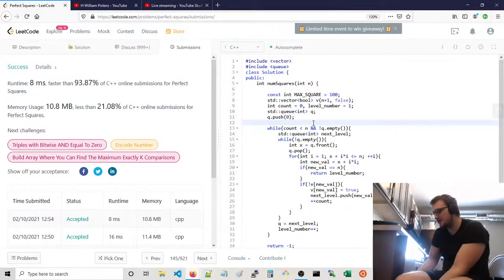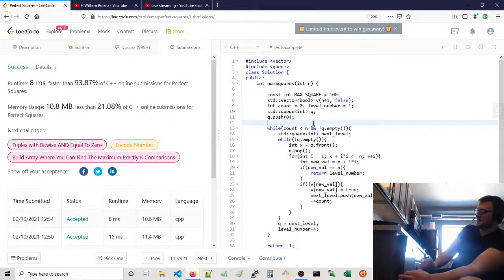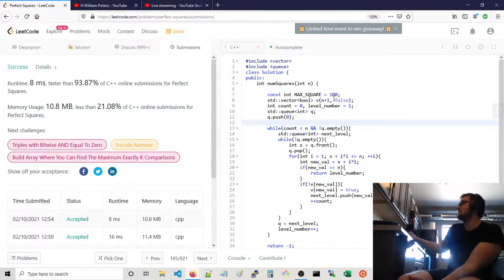It's not the best approach to start with the largest perfect square that fits. Yeah, that's what I'm trying to say.